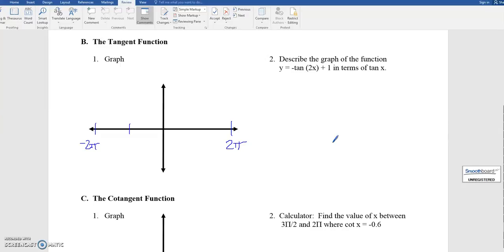This would be a negative pi. This would be a positive pi. And it's probably helpful to put the pi over 2 and 3 pi over 2 marks in there as well. So what we saw was it has to go through (0, 0). At pi over 2 there was a vertical asymptote, and at 3 pi over 2 there was also a vertical asymptote.